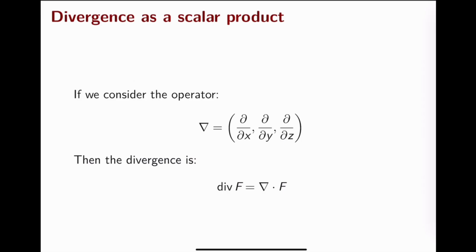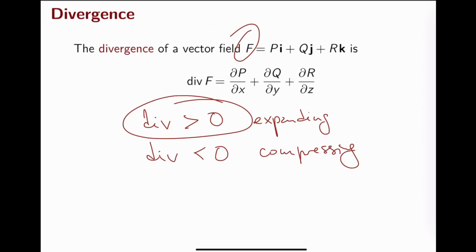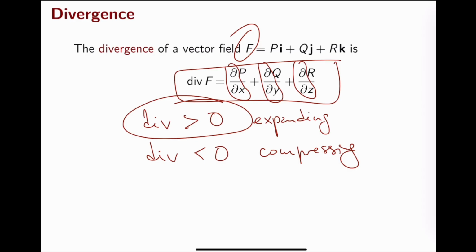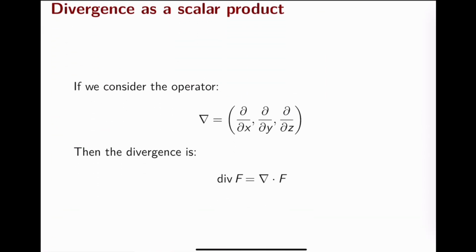So we can consider that the formula that we were given before is just the dot product of this operator times p, q, r, right? Those are the components of the vector field. And if we remember this as a dot product, we could remember also that the result of the divergence is a scalar. It's not a vector, but a scalar.